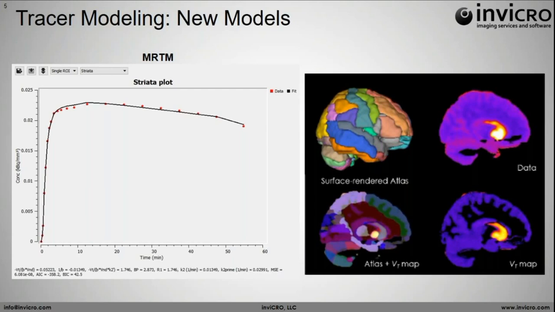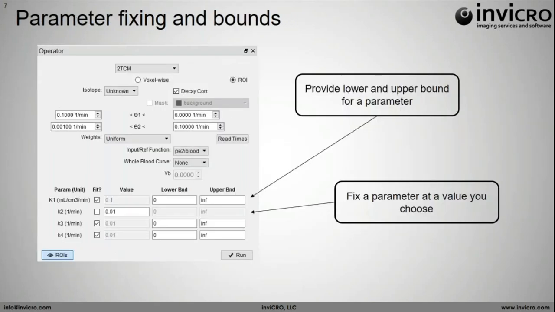Linear models are very quick to compute. It's a simple regression problem. You can do that at all the voxels of your data relatively quickly. In our modeling tools, we put quite a bit of emphasis on performance, and so we try to get the best speed we can from our tools.